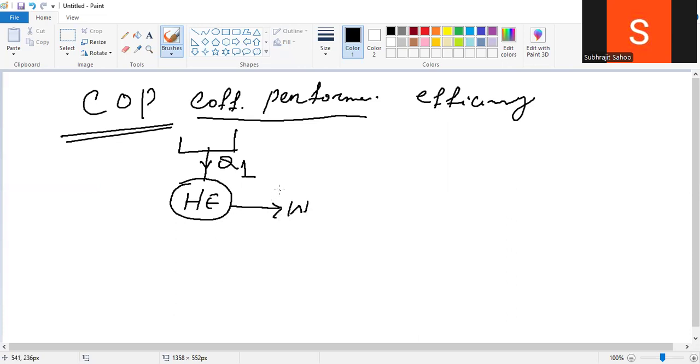Right? But actually this one is violating the second law. Because with one reservoir, what is the Kelvin Planck statement? With one reservoir, we cannot design the heat engine. So definitely heat rejection will be there through the silencer pipe. Silencer heat will be rejected.